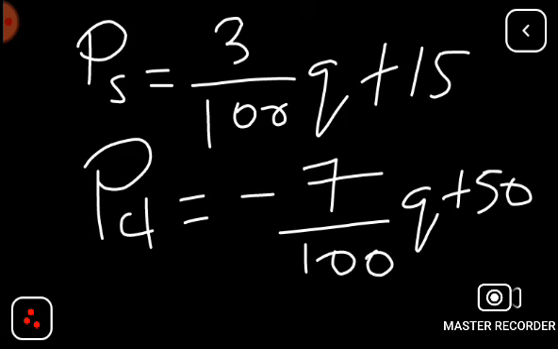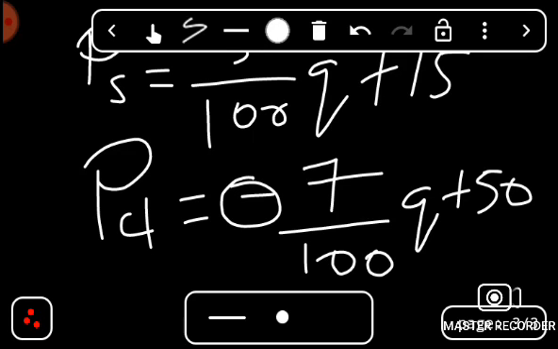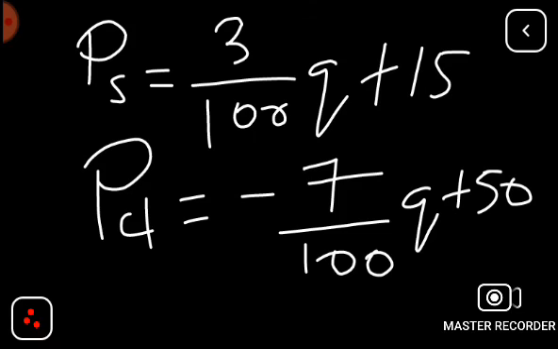Then if you look at this demand function, it has a negative here. This negative shows us that the price and the quantity have a negative relationship.